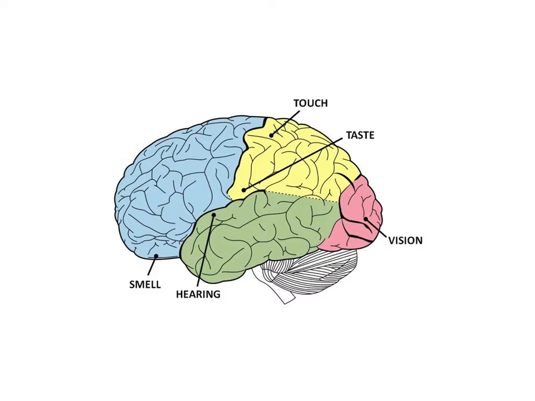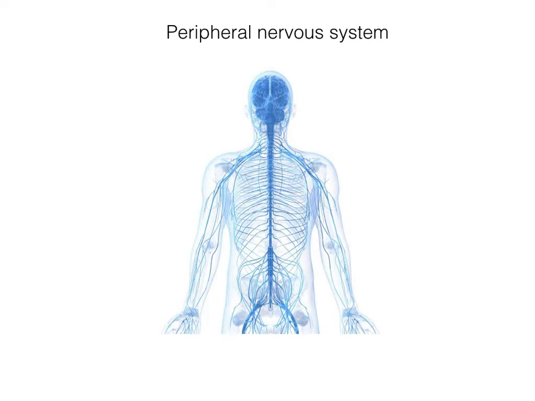When you are smelling, it is in that blue part, etc. And then the brain decides what to do and sends a message through the peripheral nervous system to, for example, your hand. And these nerves that form this nervous system are called motor nerves, because motor has to do with movement, okay? So the peripheral nervous system is made up of motor nerves in charge of doing the action, okay?